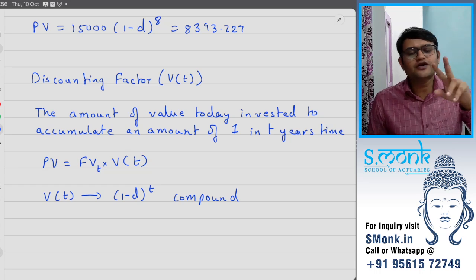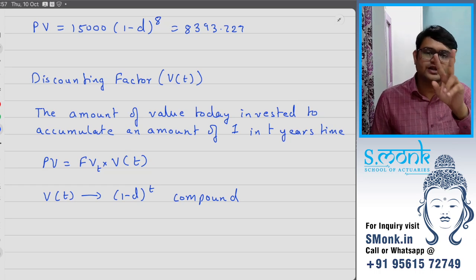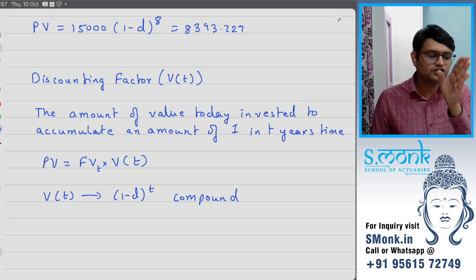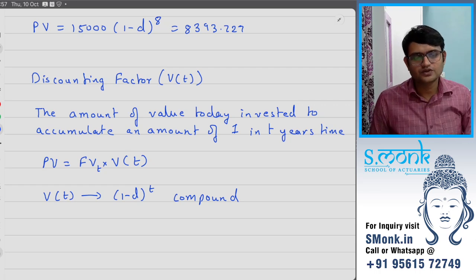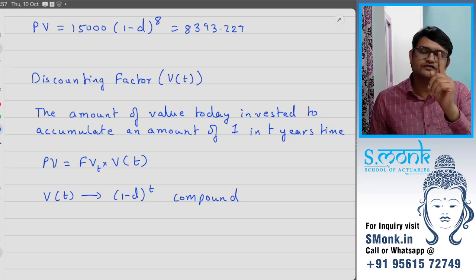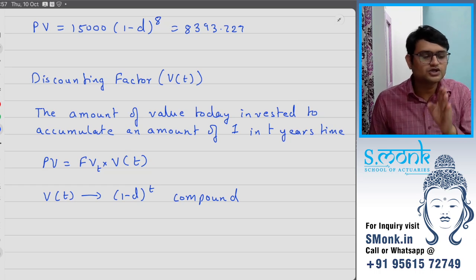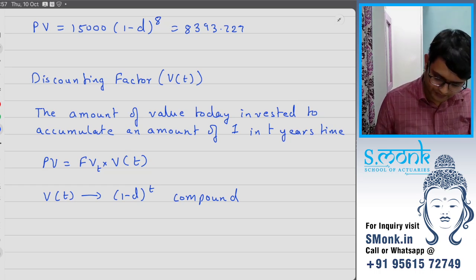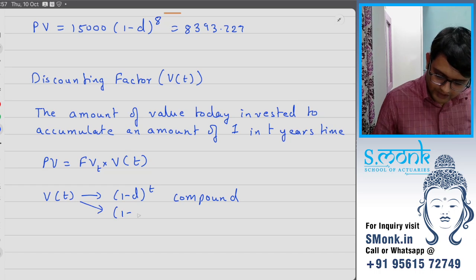In accumulation factor, we had 2 times, t1 and t2, going from time t1 to time t2. But in discounting factor, we have just one time t. So we are going from time t to time 0. And this would be 1 minus t times d for simple.